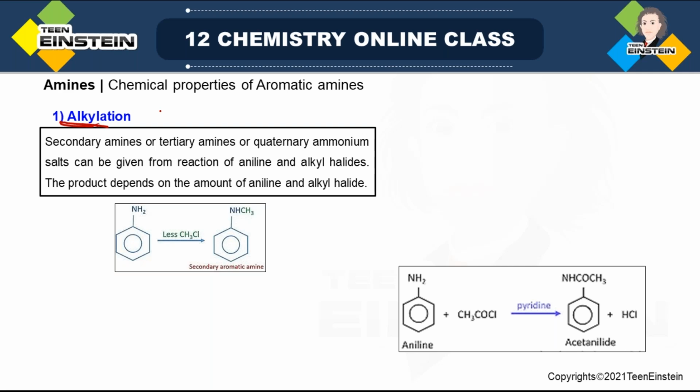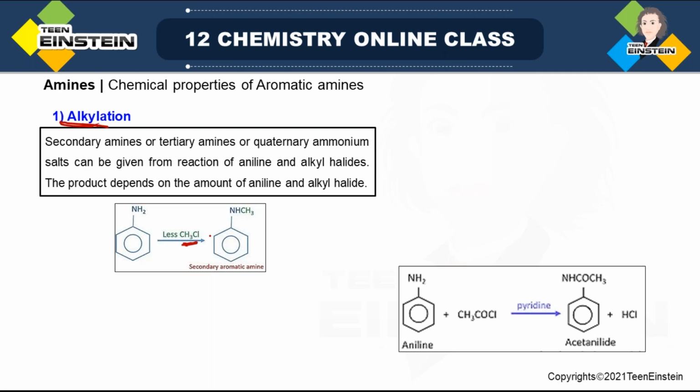In this case, you can prepare a secondary aromatic amine or a tertiary aromatic amine, even a quaternary ammonium salt, starting from the primary amine, which is aniline, the simplest aromatic amine possible. For the source of the alkyl group, we have taken methyl chloride.